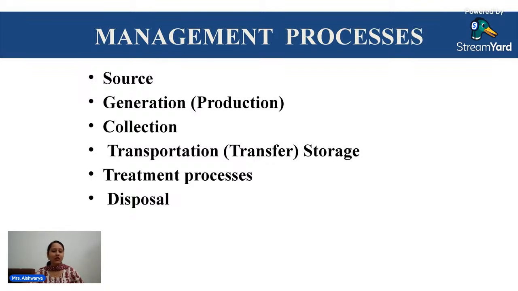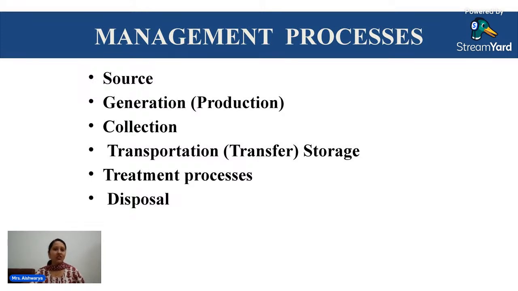The next is the treatment process, which we will opt for to make compost or a reusable form of that agricultural waste. And the last one is disposal. Proper disposal is mandatory for the management process.